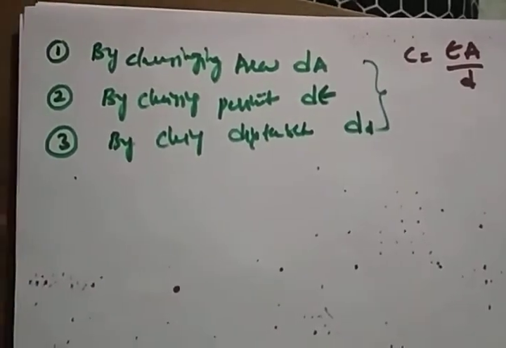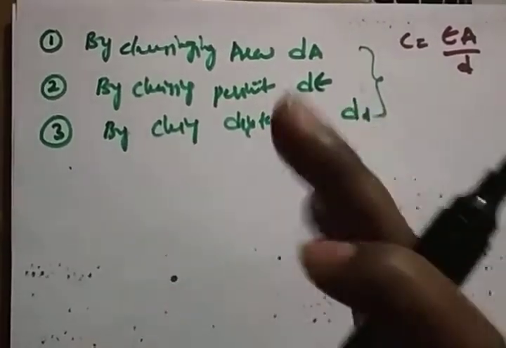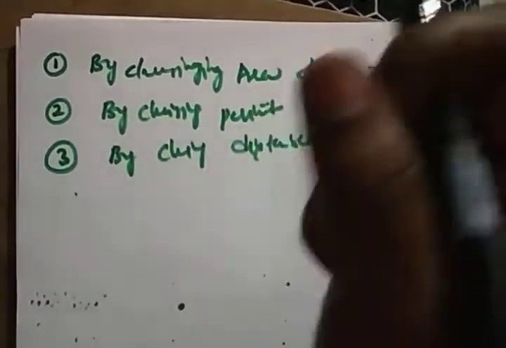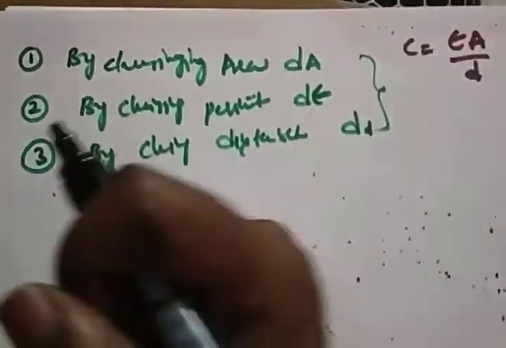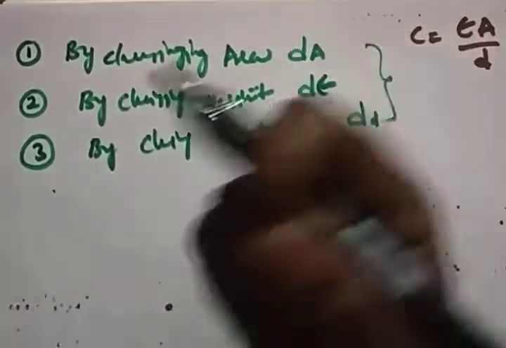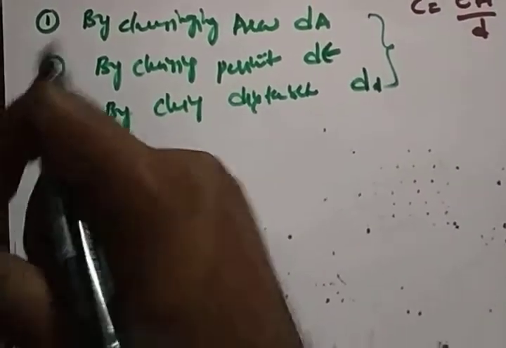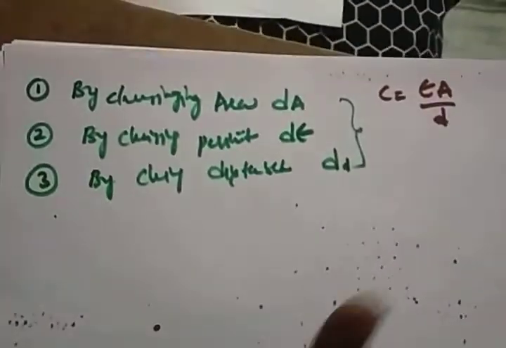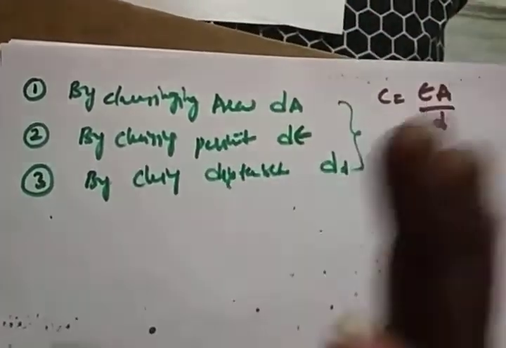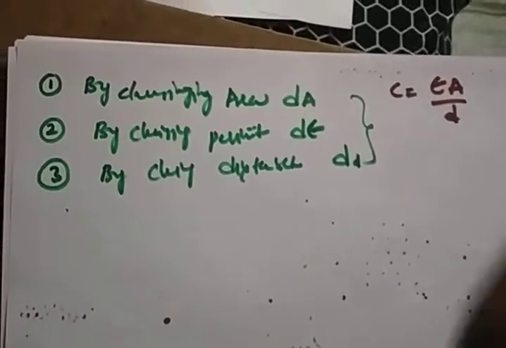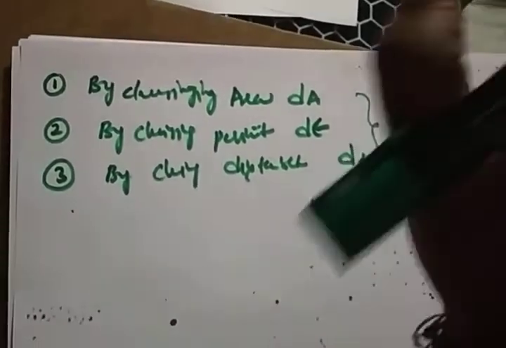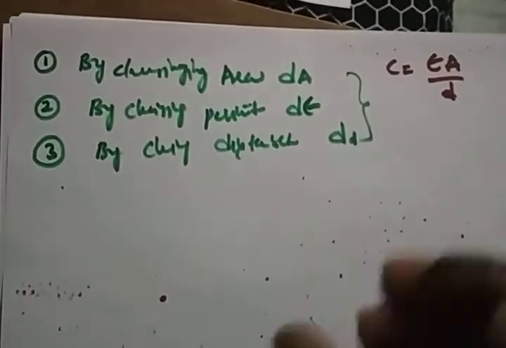These are the different types of capacitive transducers: by changing the permittivity, the cross-sectional area, or the distance between the two plates.